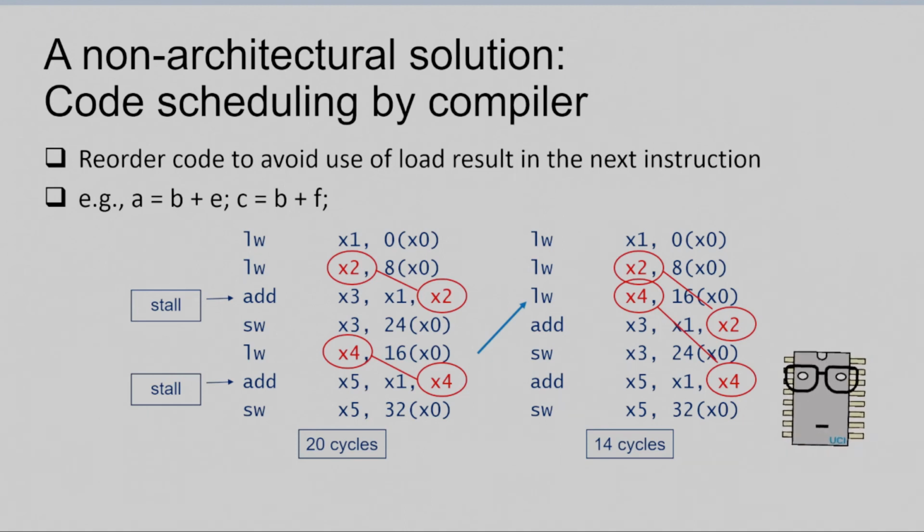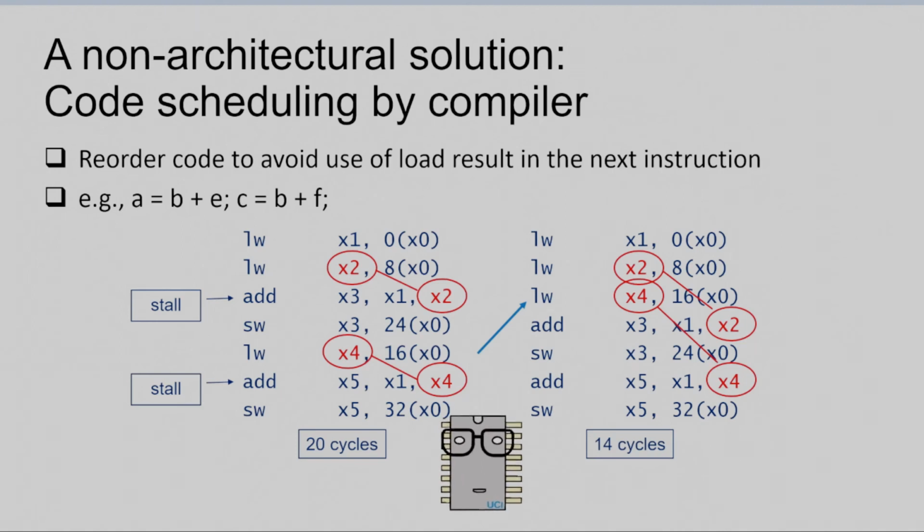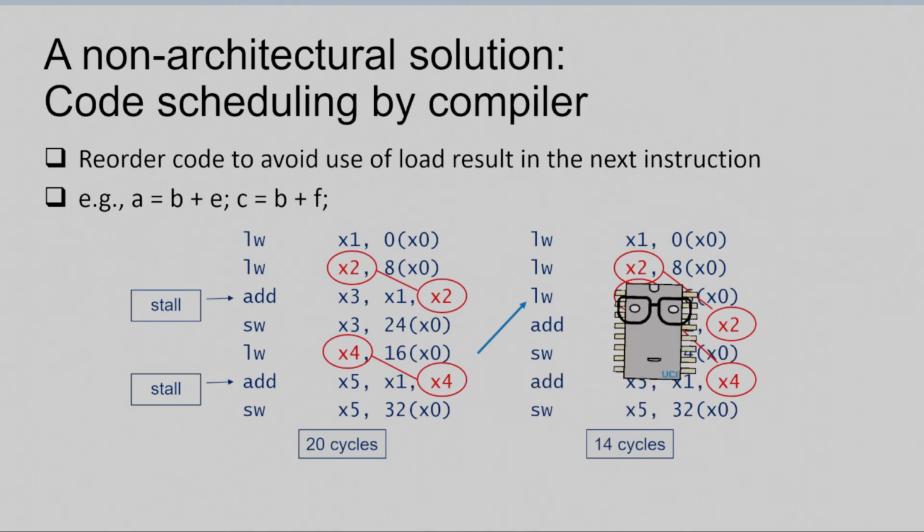This figure is from the RISC-V book. I don't know exactly the parameters they use to calculate these numbers, but the fact is, just by reorganizing the code, you can remove a lot of pipeline bubbles and make the code much friendlier for the processor to execute.